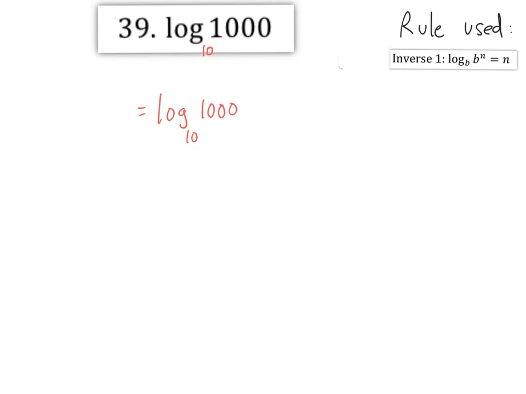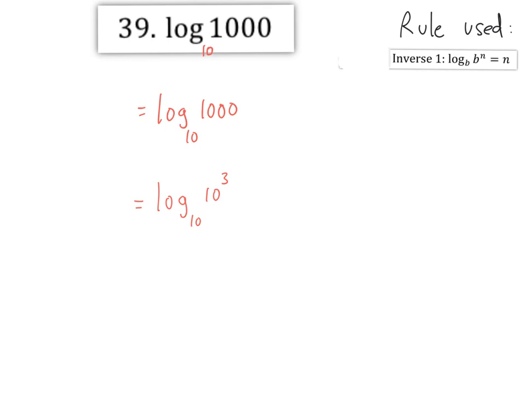And then in order to use this rule over to the right, we have to make this argument be 10 to the something. Since the base is 10, we need to write this as 10 to the something. So 1,000 is 10 cubed.